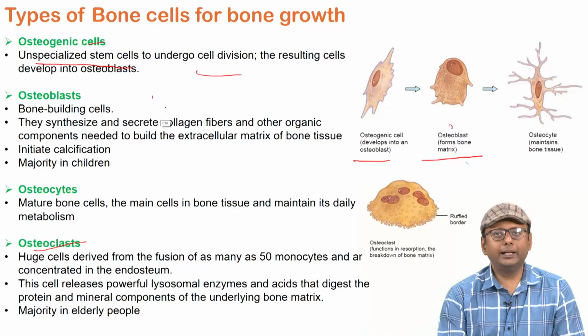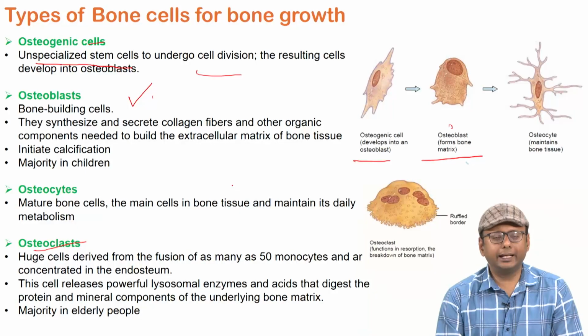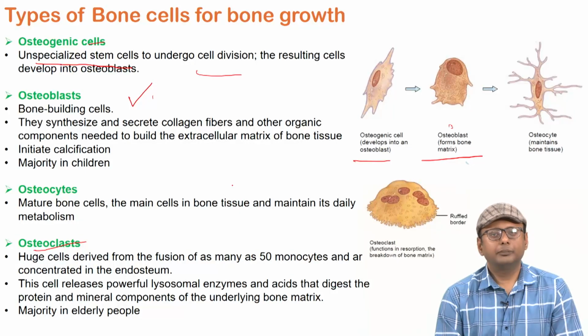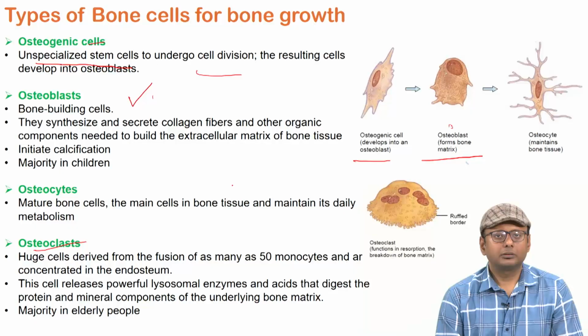When it is a growing age, the osteoblast number is more, because in the early age, when the baby is born, osteoblastic activity is more. Why? Because the baby is growing, we need a lot of rapid growth and development.